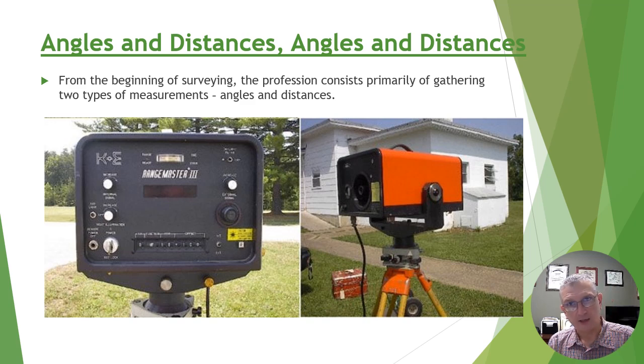Not just data, the types of monuments, the instructions of the government or the client. Those are not measurements, those are details and attributes. Surveying consisted of two types of measurements: angles and distances.